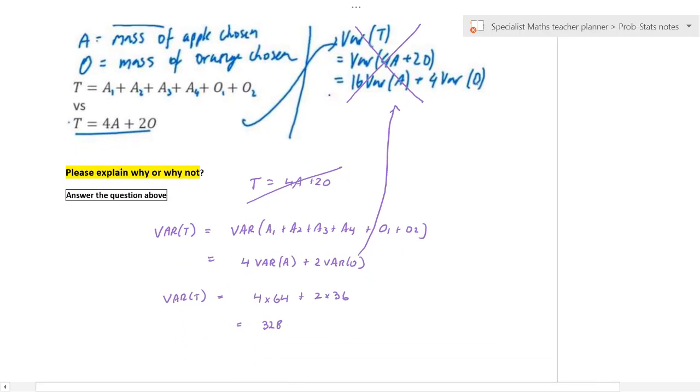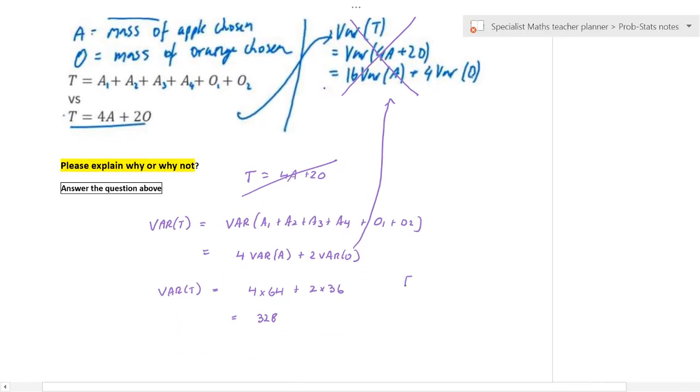If we were to ask for the expected value though, then the expected value is A1 plus A2 plus A3 plus A4 plus O1 plus O2.